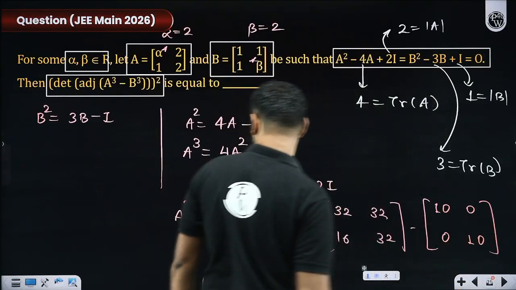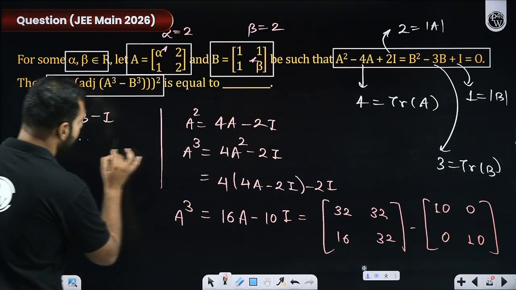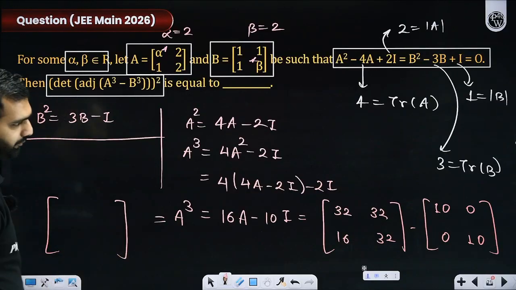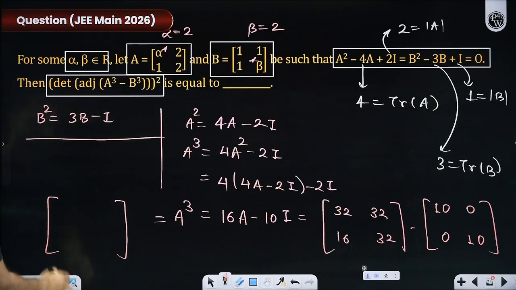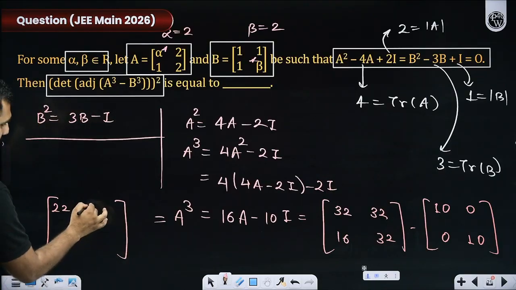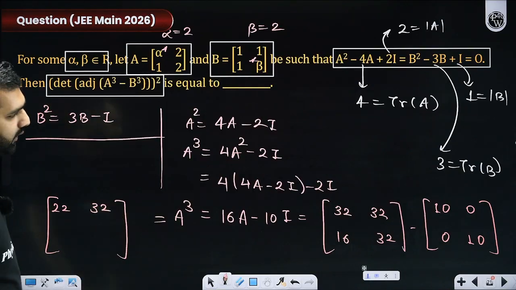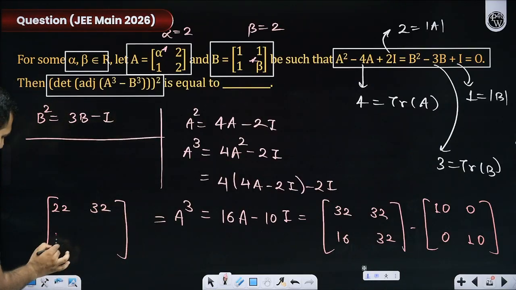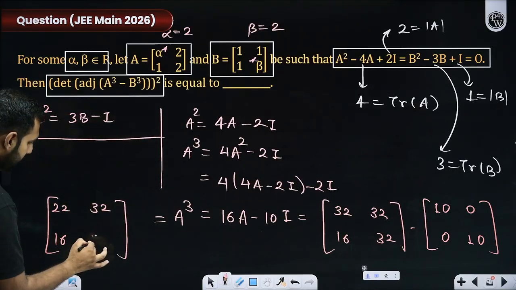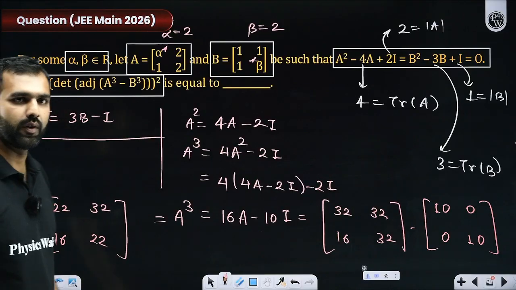So a cube we are going to get as 32 minus 10, that is 22. Then 32 minus 0, that is 32. 16 minus 0, that is 16. And then 32 minus 10, that is again 22. That's your a cube, yes or no, everyone?